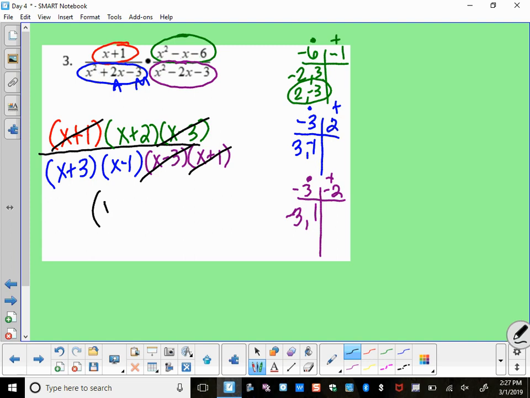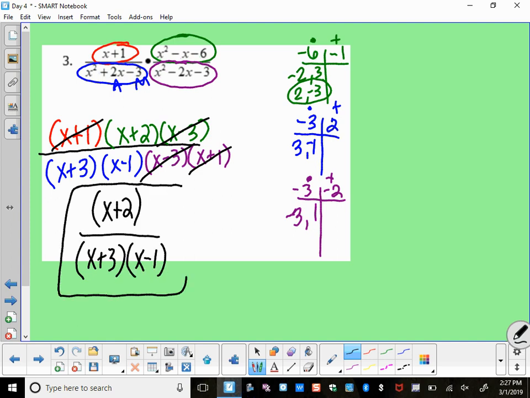So my answer is x plus 2 divided by x plus 3 times x minus 1. Any questions on number 3?